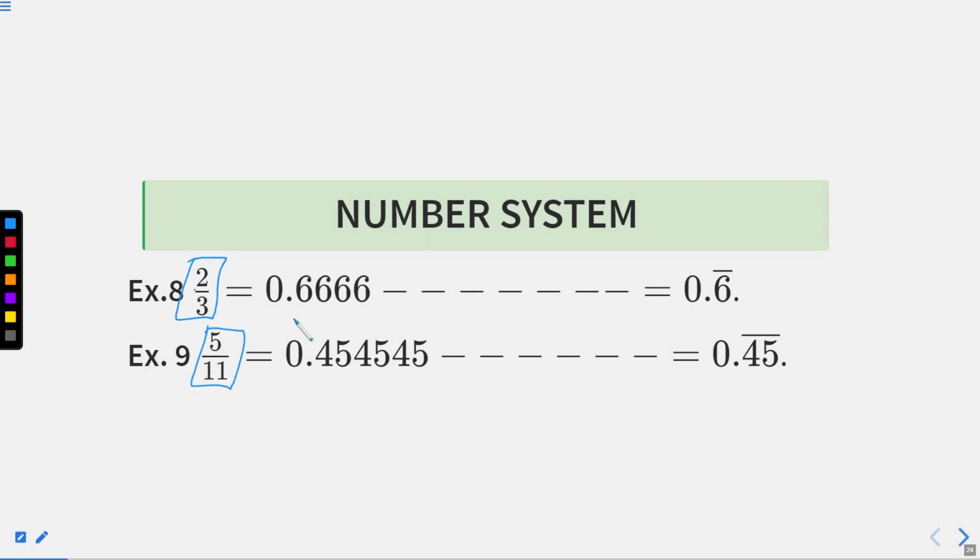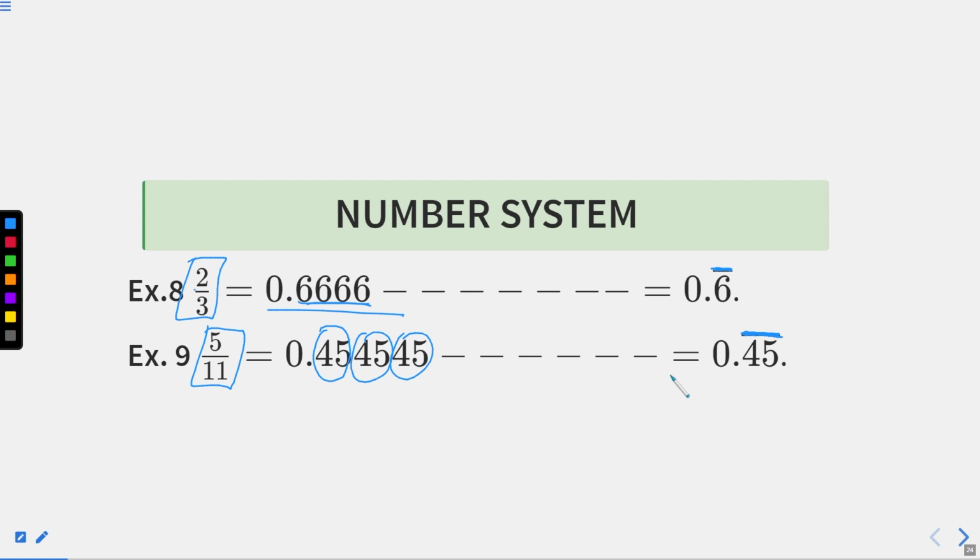Similarly, it is a rational number if we see its decimal form is non-terminating but repeating. If any digits are repeating, we write a little bar over the digits which are repeating. For example, here 4 5 4 5 4 5 is repeating again and again, so we write 0.45 with a bar. The bar represents the repeating pattern of 4 5.